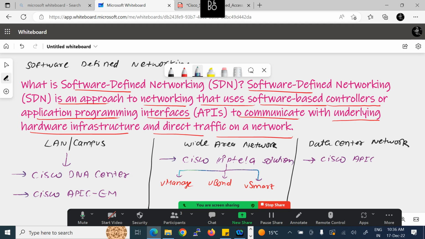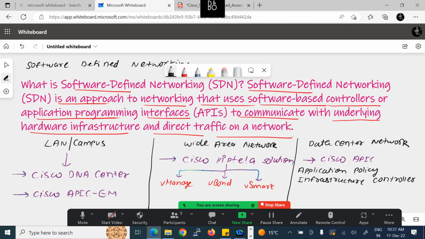Now I'll say, okay, what does Epic stand for? Epic stands for Application Policy Infrastructure Controller.